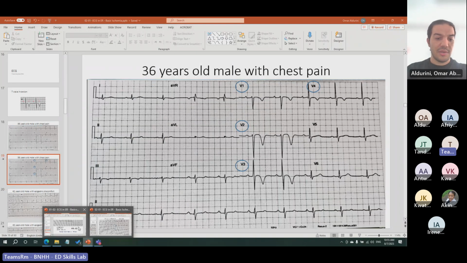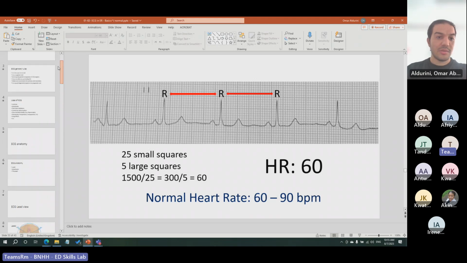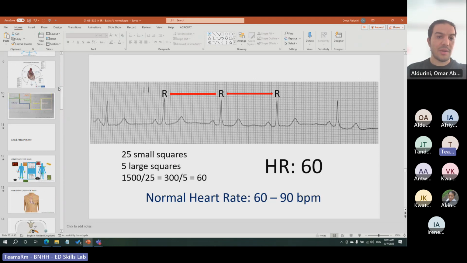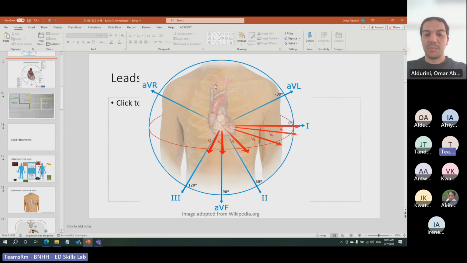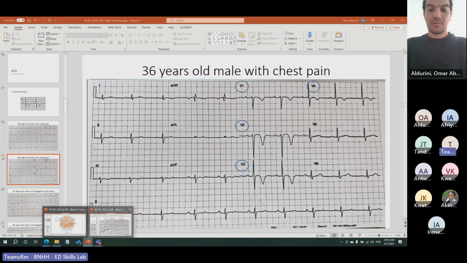Okay, let me bring you the picture. If you remember this picture, you can see that V1, 2, 3, and 4 represent the anterior surface of the heart, which is just here, where you put them.